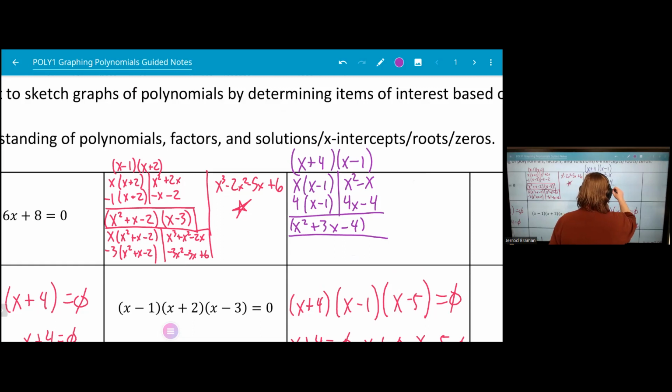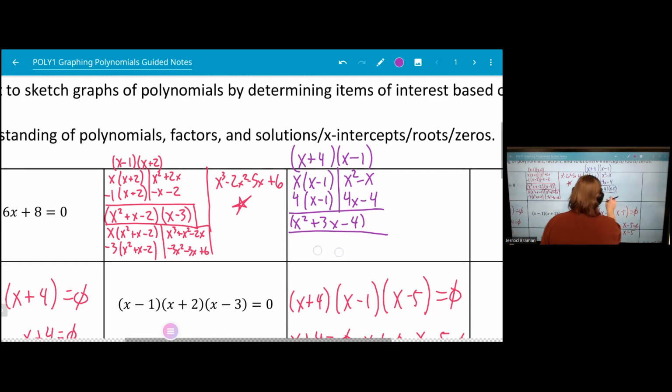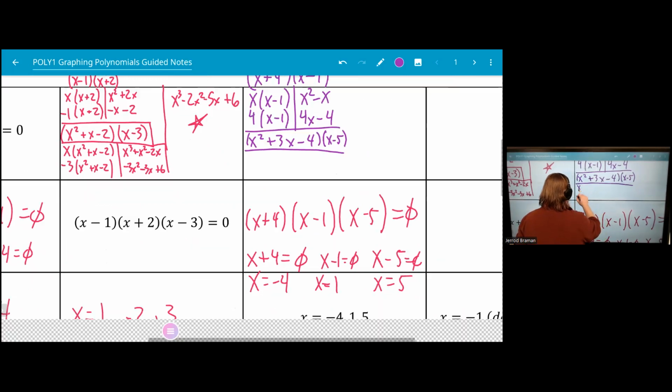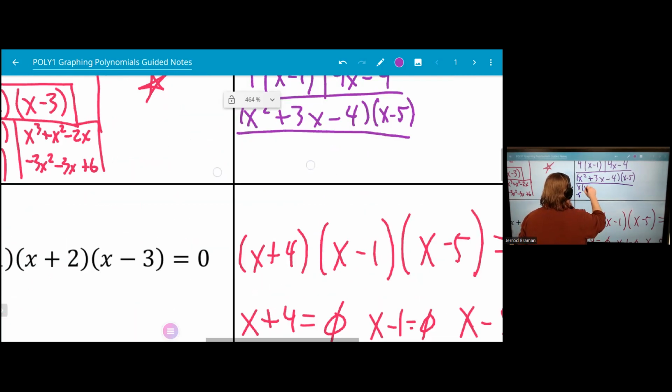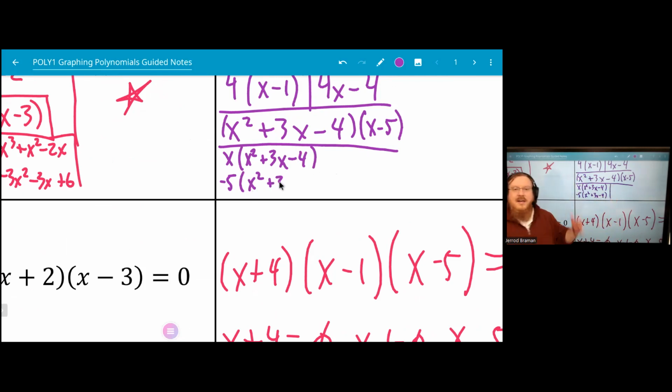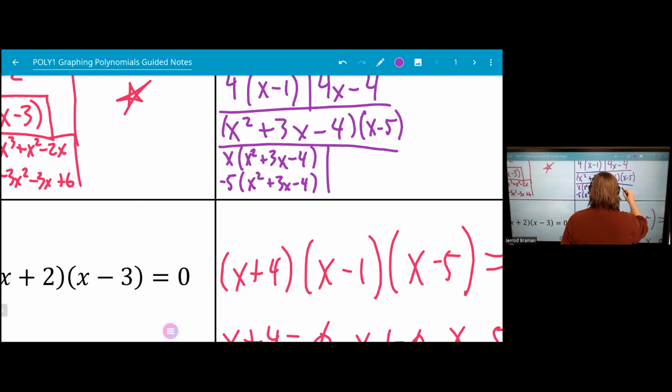We still have to multiply this all by x minus 5. So let's do our distribution here. I know I'm running out of room, but that's all right. X and -5 times x squared plus 3x minus 4. We're going to distribute through again. I have x cubed. Hey, we said we were going to get that.